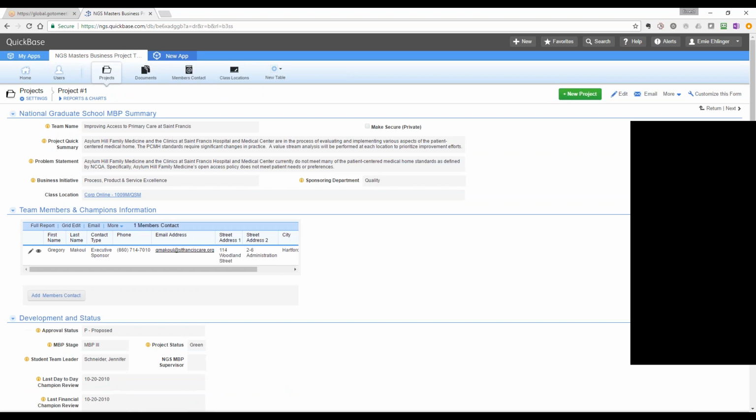Okay, and this is how it looks when you start to fill out. You have your team name, a summary of the project, which probably will be your problem statement, or a summary of that, very similar. The initiative, there's a drop-down menu about what is involved with sponsoring department. There are some drop-downs, but you choose one that's pretty close to yours. Now, your class location, in here you'll put in MS 317.